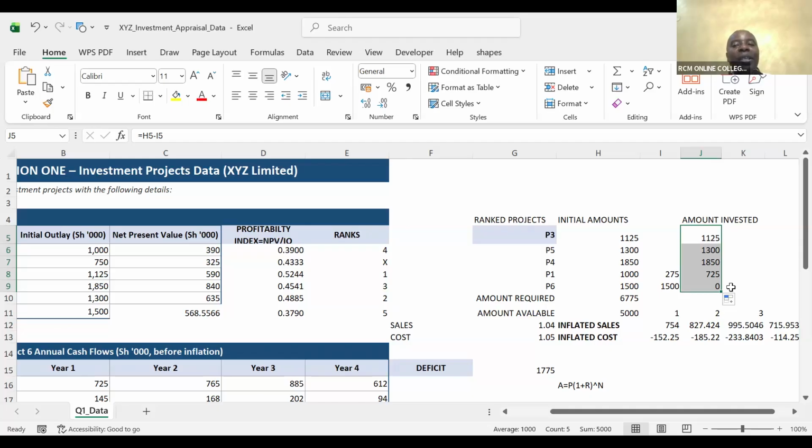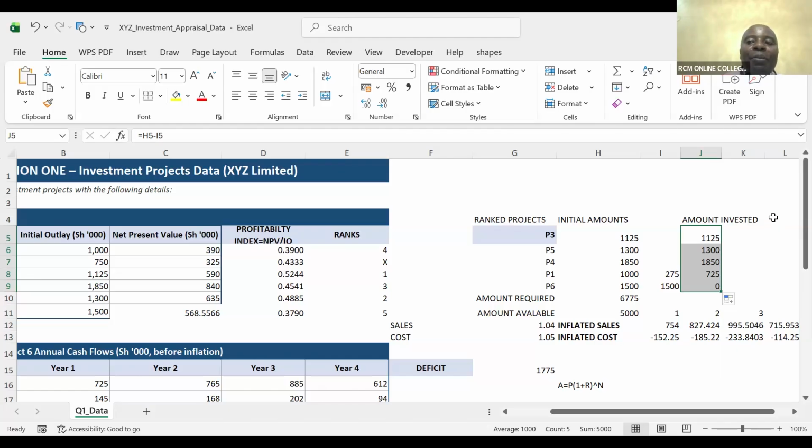So ladies and gentlemen, can you kindly go ahead and give me net present value? So when I come to net present value, I must be very bright. You see, for project P3, I have not removed any coin from project P3.